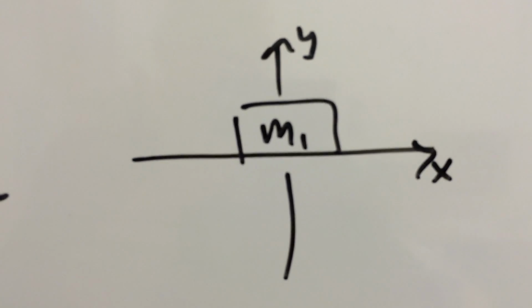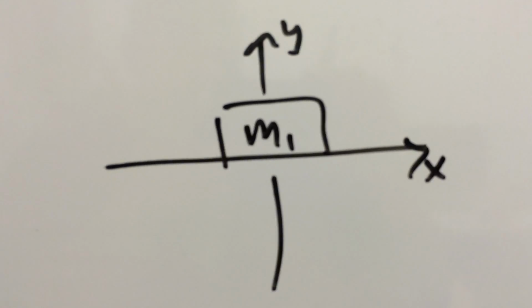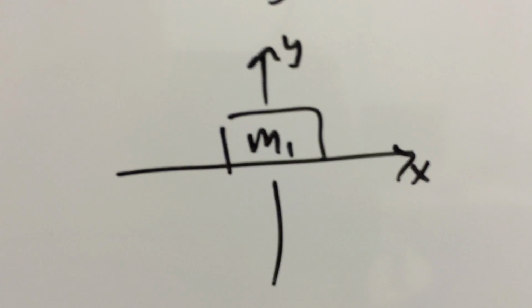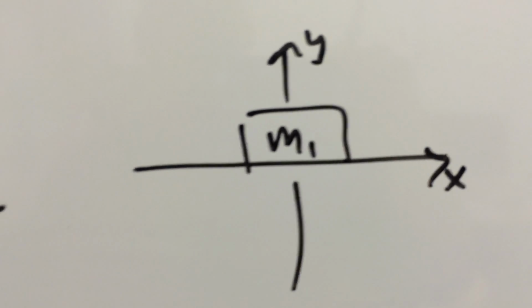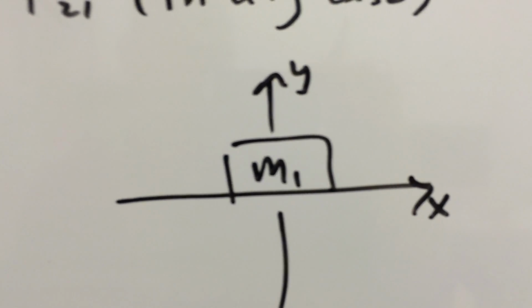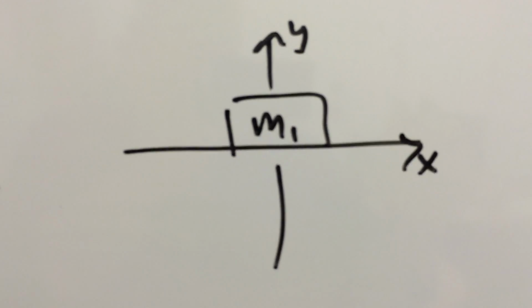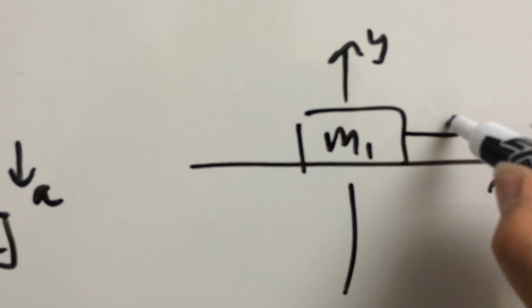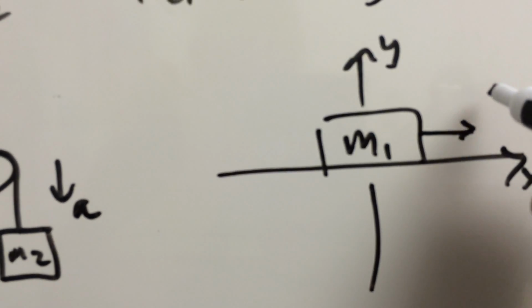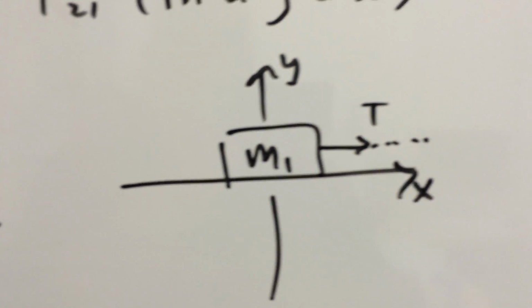The normal force and mg are pretty much going to be equal and opposite to each other, so N is equal to mg, as we've seen in previous examples, so I won't write that one up. The one that is of interest to us is the one causing the motion this way. This is tension along that string.